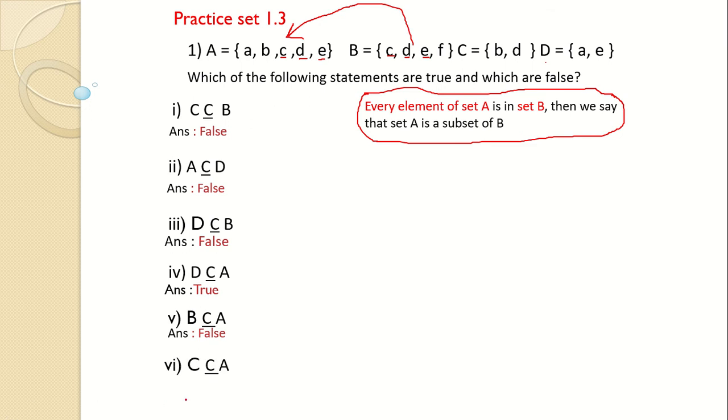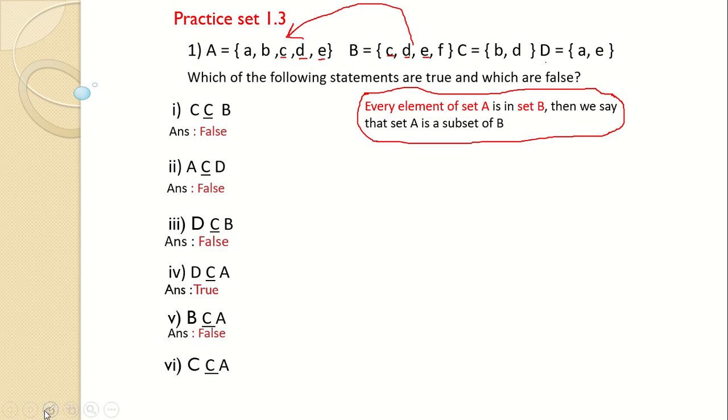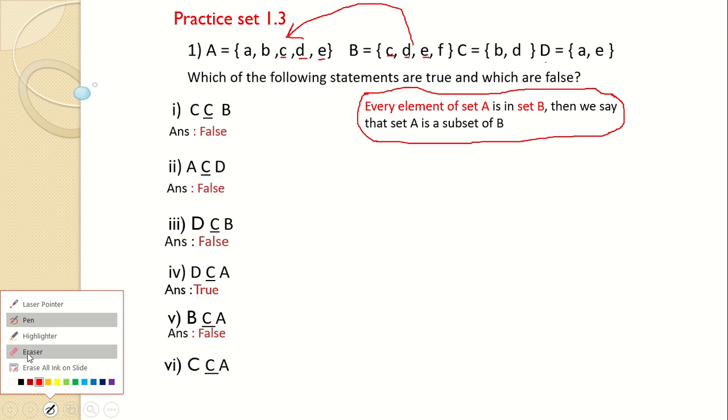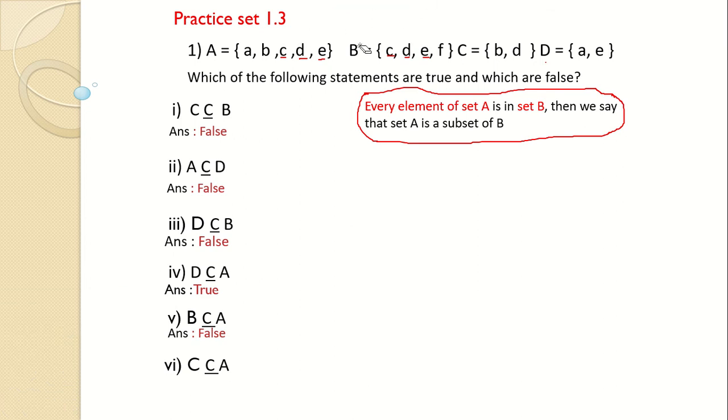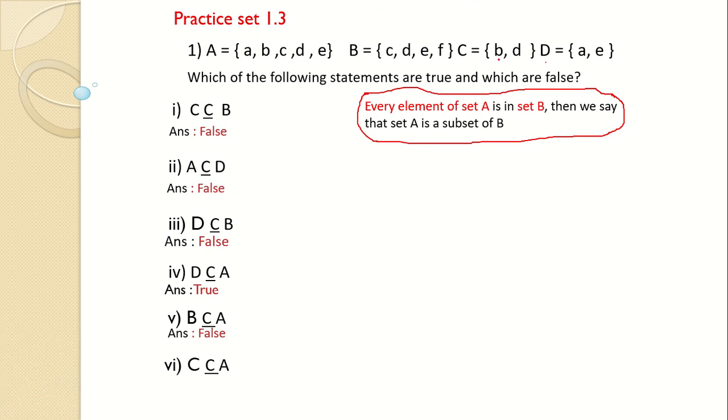Then the next one, C is subset of A. We have to check whether C is subset of A. Now look at C. This is set C, B. B is there, D is also there.